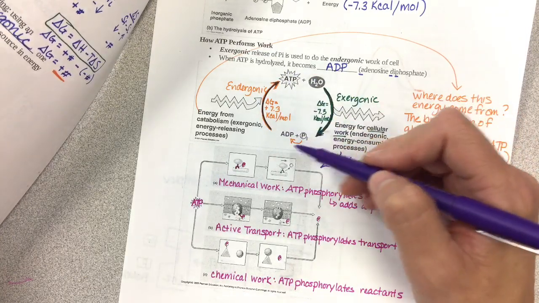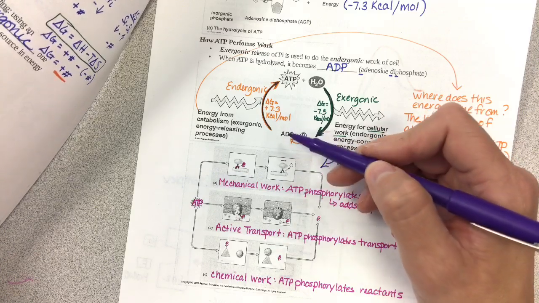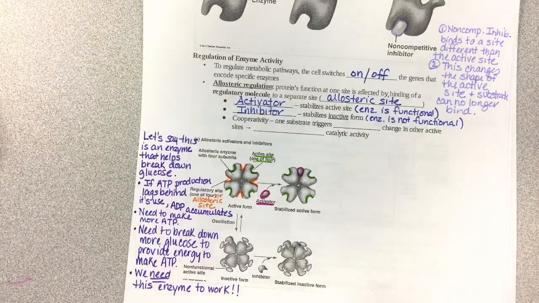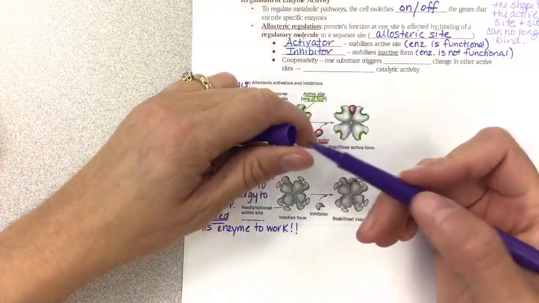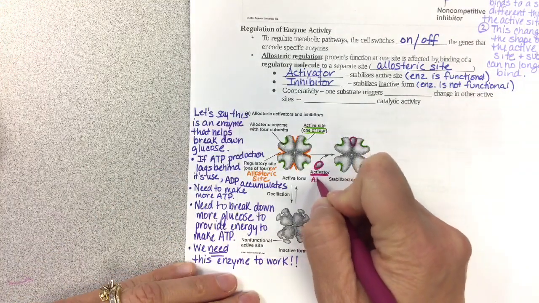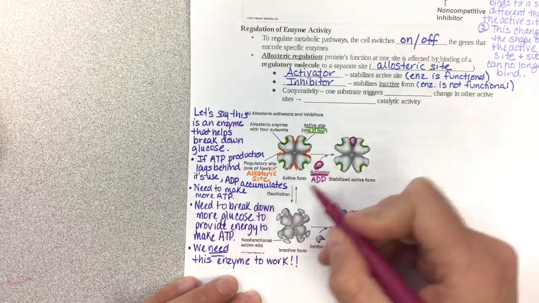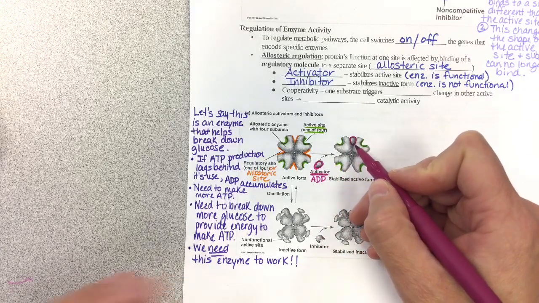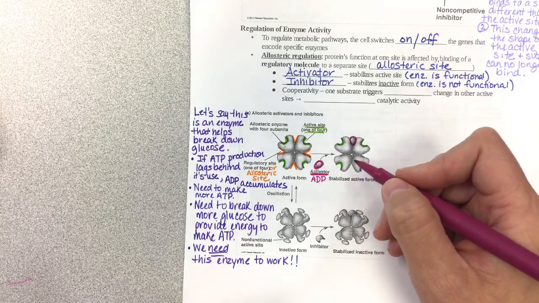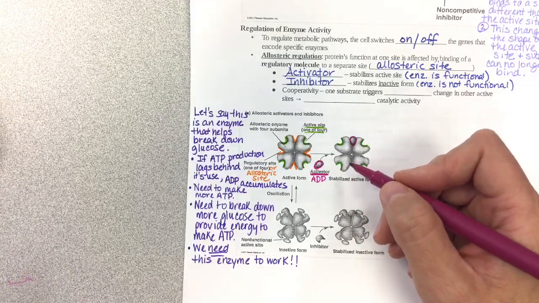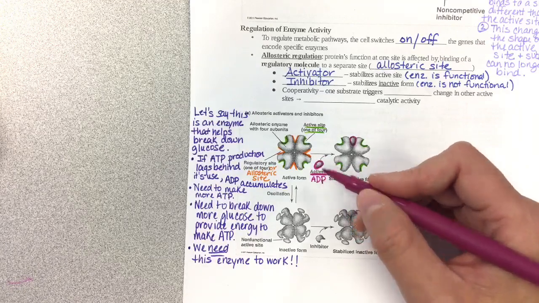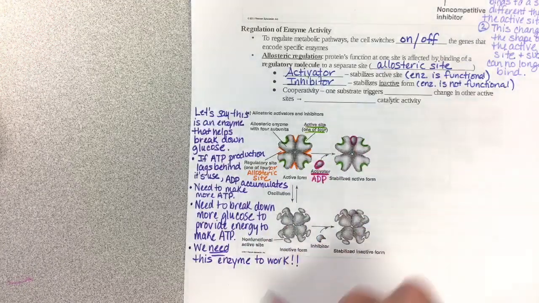What it does know is that ADP is accumulating, and this ADP can actually act as an activator. So therefore, right here in my example, the activator is ADP. So when ADP starts to accumulate, it binds to the enzyme and stabilizes it in the active form, and therefore this enzyme is going to work, and we want it to work, because we have ADP accumulating. So the actual molecule that's accumulating is acting as the activator.